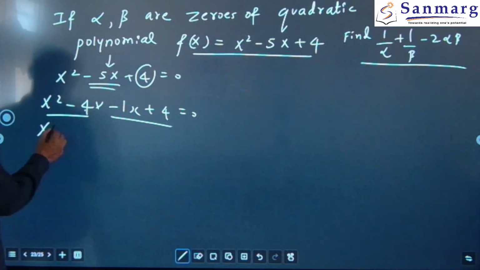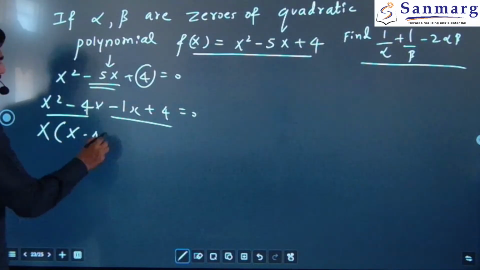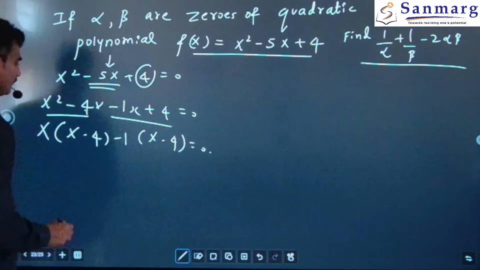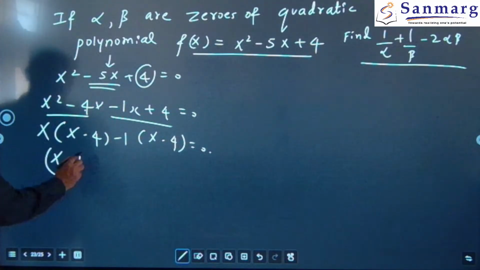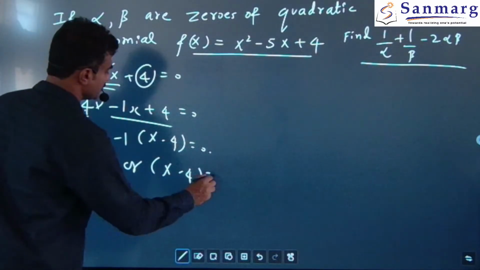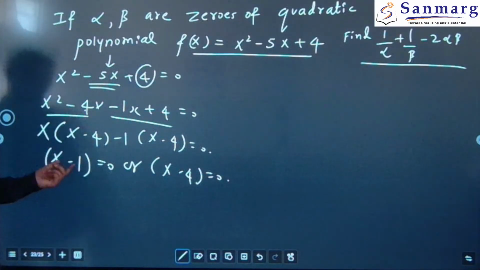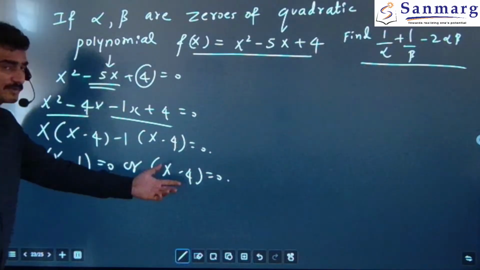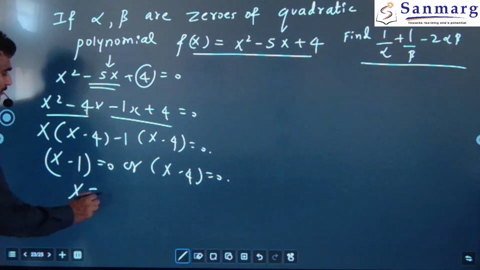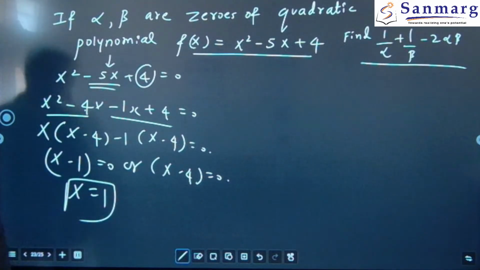So take out the common factor x, we take out the common factor x minus 4. Minus 1 we take out the common factor x minus 4. Therefore we can write it as x minus 1 equal to 0 or x minus 4 is equal to 0. So if x minus 1 is equal to 0, what is the value of x? X is 1.